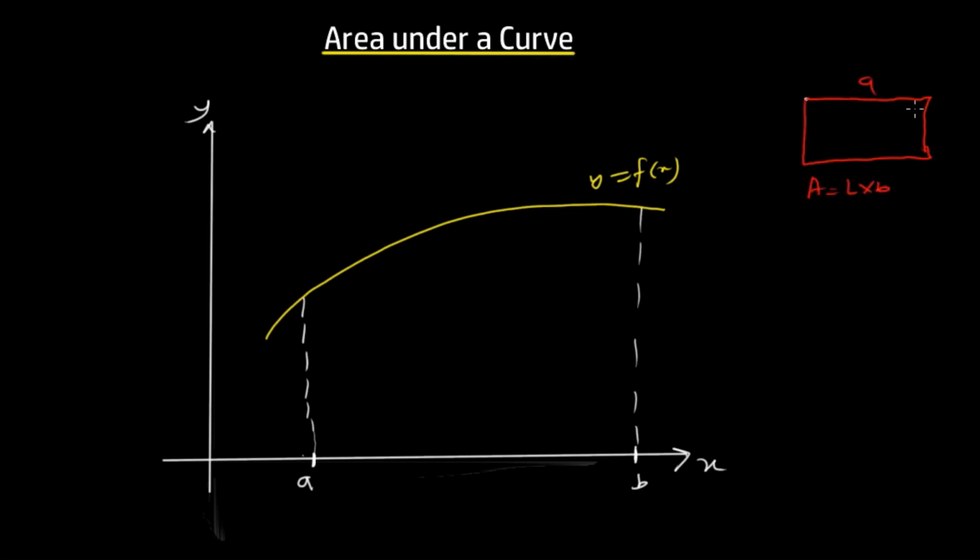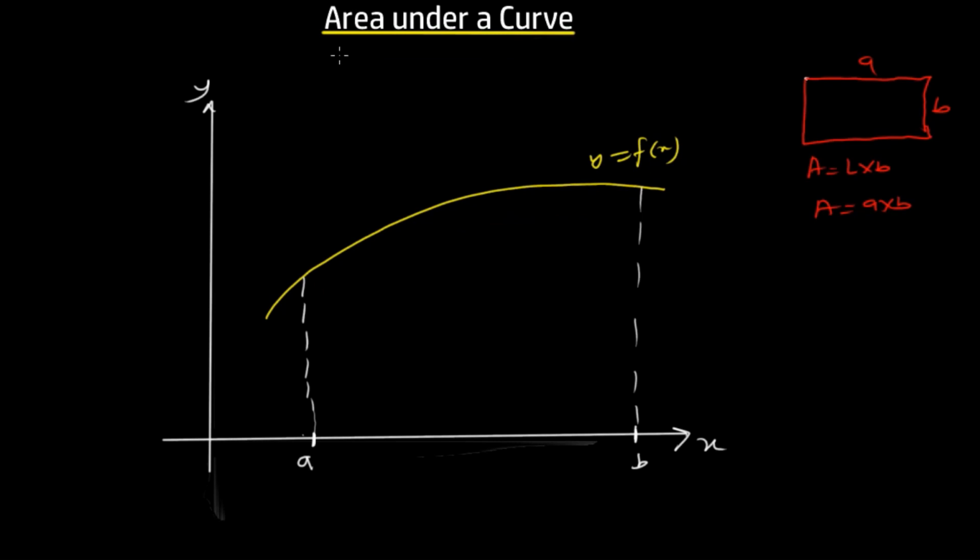So if you have A and B, the area of this shape is A times B. But in this case, the shape we are looking at, we can't call it a rectangle, a trapezium, or a square. So it's an indefinite shape. So we are going to use integral calculus to find the area of this curve.